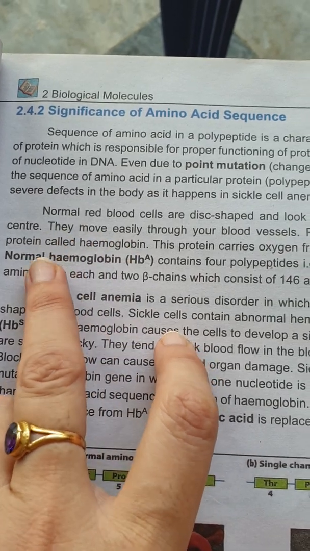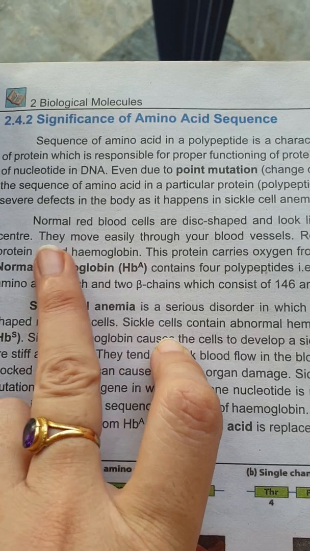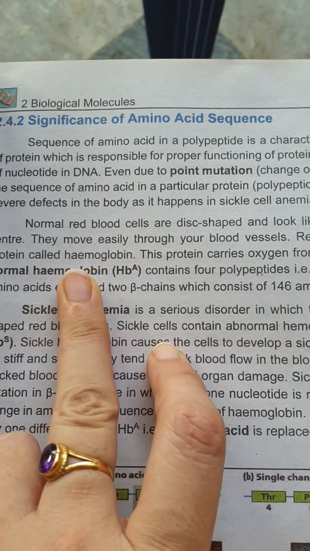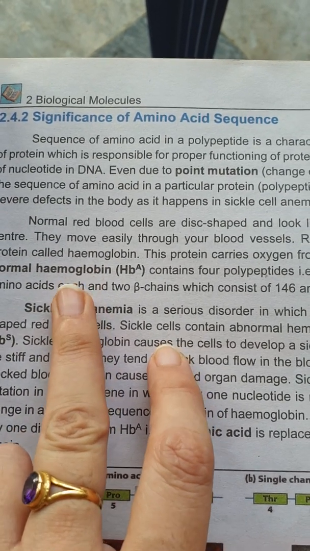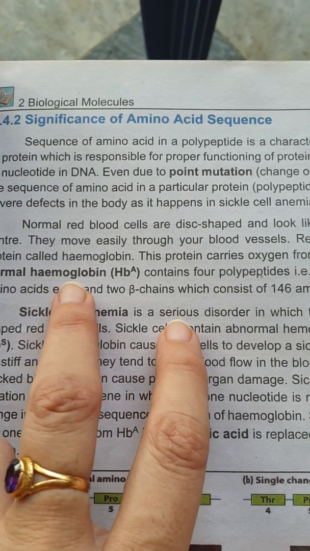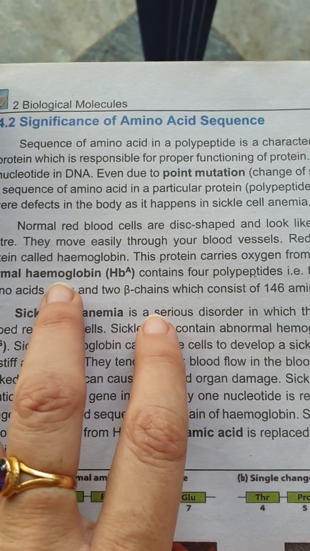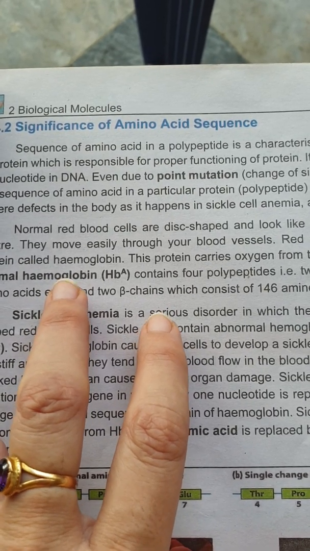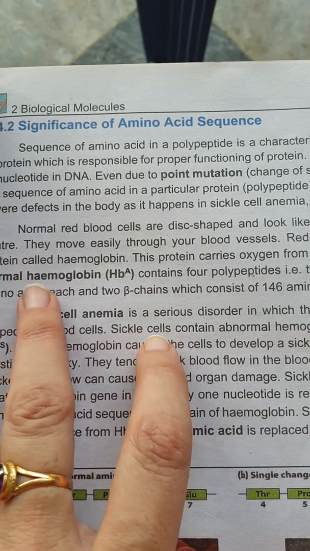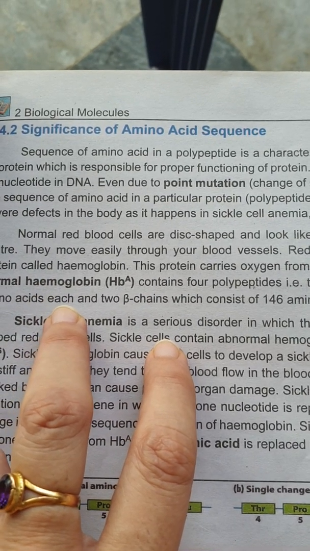Hemoglobin is a protein responsible for the transport of oxygen and carbon dioxide in the blood. If any change occurs in the DNA and it does not pick the correct amino acid, it will disturb the structure of hemoglobin, and hemoglobin will not work properly.